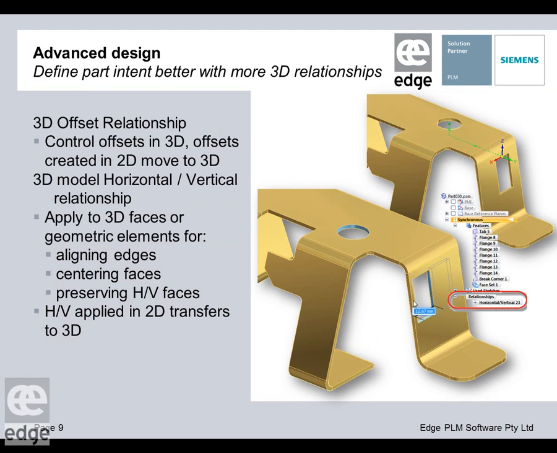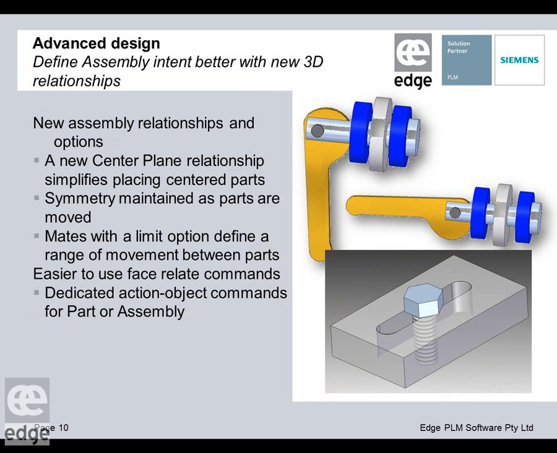The relationships in the part area have been completely reworked, and you'll see that in a demonstration shortly. It makes it a great deal easier to apply traditional relationships to the three-dimensional part. You'll see the benefits of that shortly.